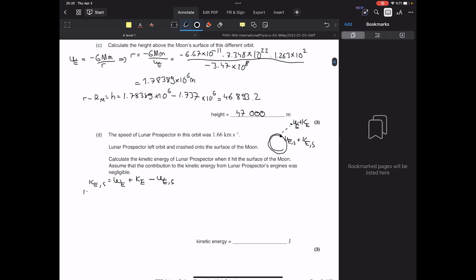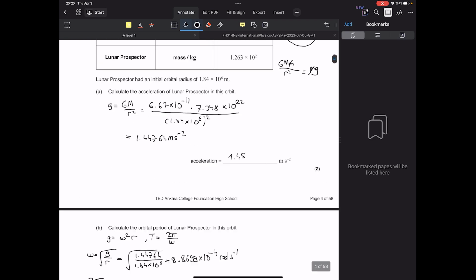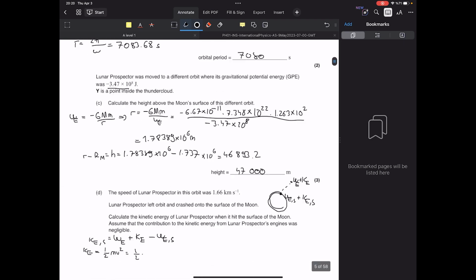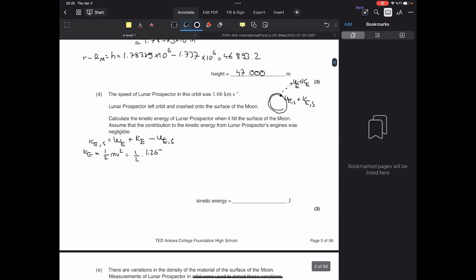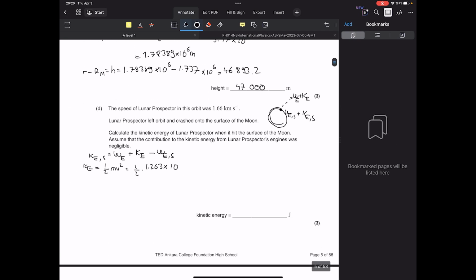So the kinetic energy at the orbit is going to be 1/2 mv squared, which is 1/2 times the mass of the Lunar Prospector, which is 1.263 times 10 to the 2, times the velocity squared. The velocity is 1.66 times 10 to the 3 meters per second. Has to be SI.